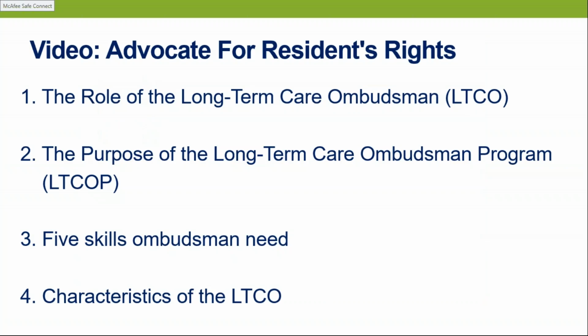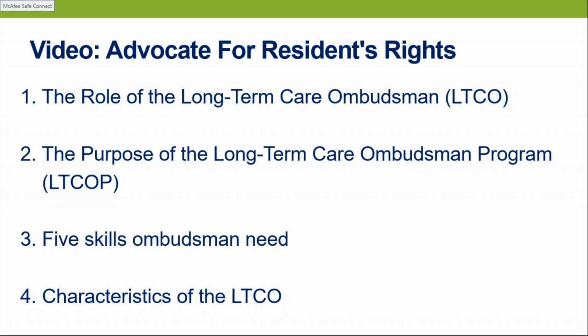The first video in the module is Advocate for Resident Rights. This video features Dr. Arthur Fleming, the father of the Ombudsman program. He's the man who envisioned an advocate model ombudsman, and during a helicopter ride with President Nixon, talked about his vision.